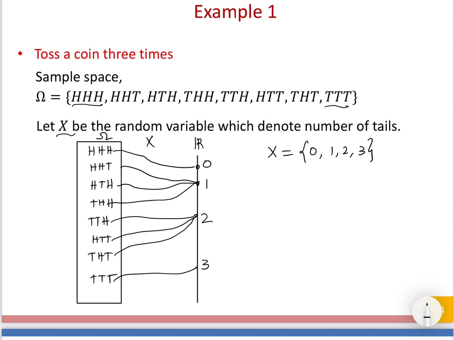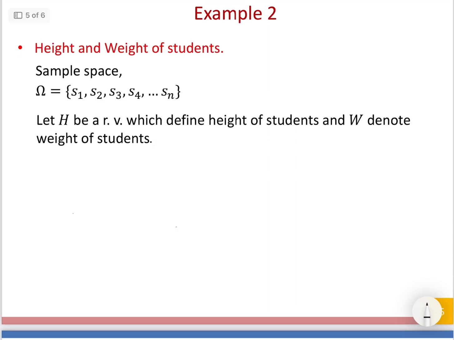Let me consider one more example. Let me consider a sample space. Let this be the set of all students in a university, or all students in a city, or the set of all people in a city. And let H be a random variable which defines the height of students, and W denote the weight of students.